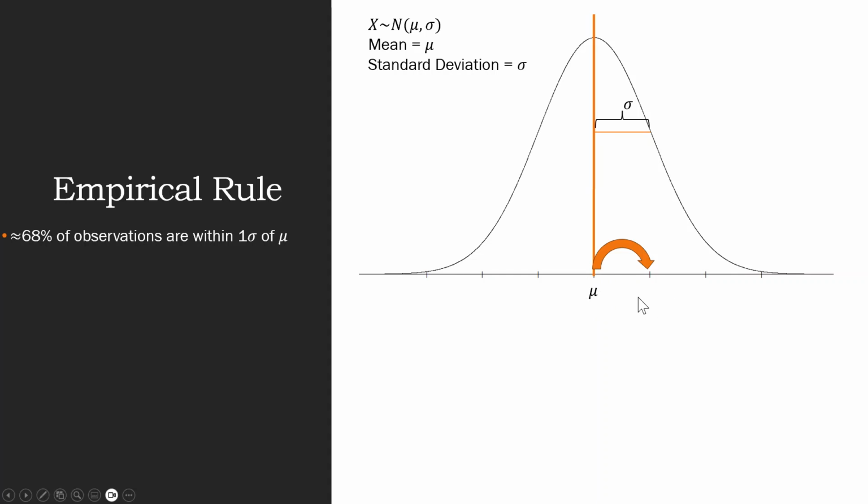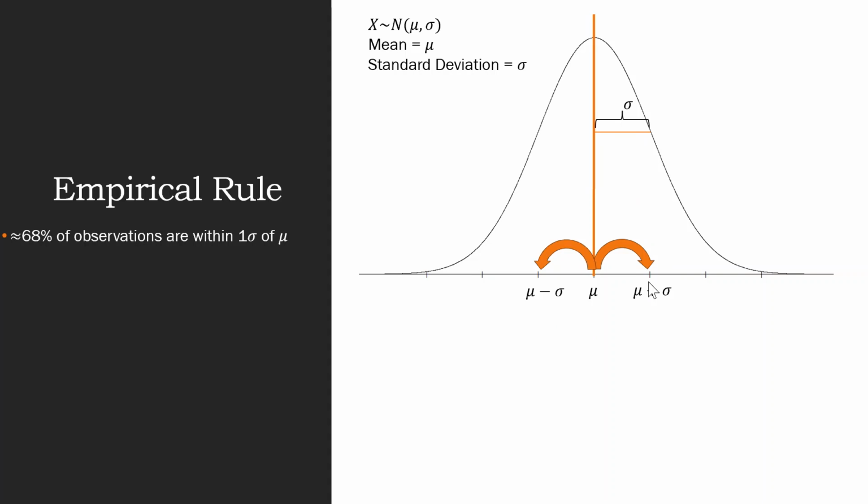This value will be my mean plus 1 sigma. And I can go one standard deviation below the mean, and I'll get to mu minus sigma. So I know that the area from here all the way to here constitutes approximately 68%. If I know this value and that value, I know that 68% of the observations of this normal distribution are going to be between those two values.